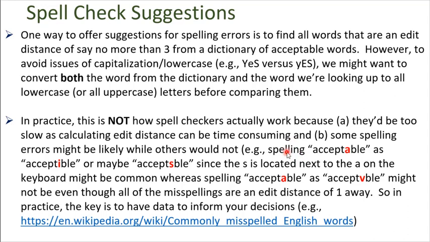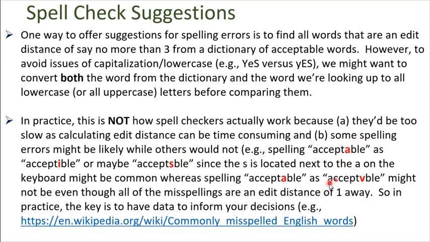Because the other thing is, in addition to being slow, it's not even going to give the best suggestions all the time. So, for example, if you were typing acceptable, you might spell it with an I instead of an A, or you might spell it with an S instead of an A, since S is located right next to the A on the keyboard.